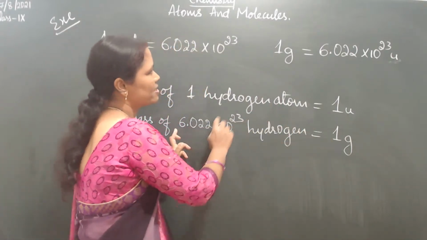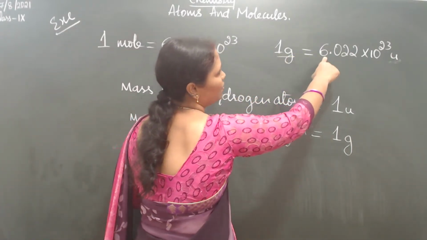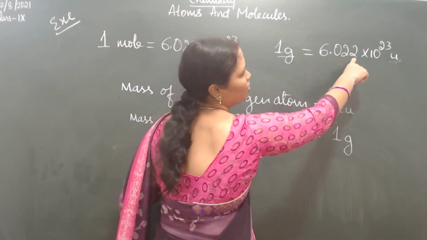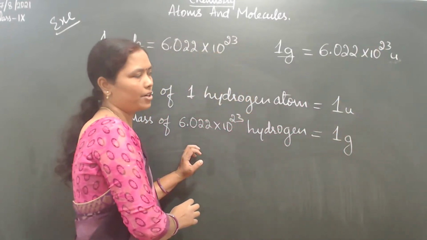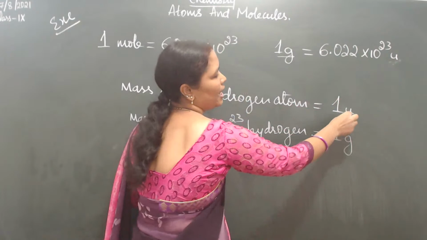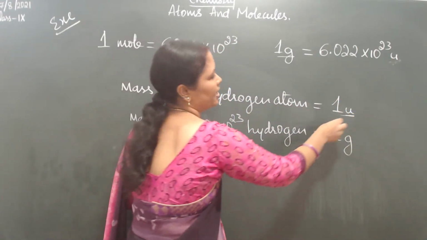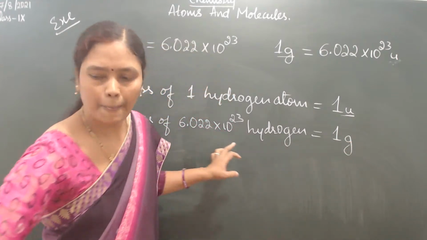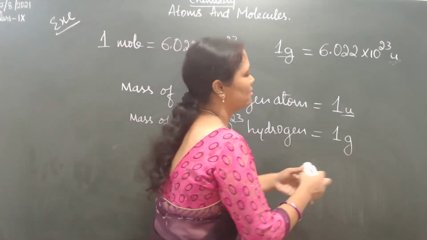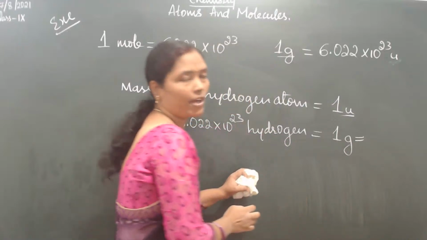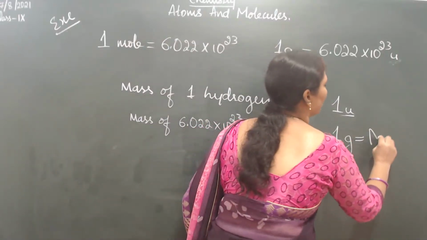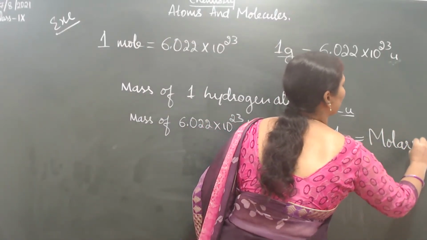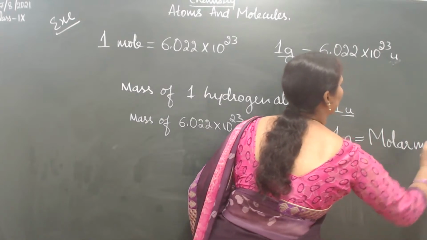We know that 1 gram is equal to 6.022 × 10^23 U. So in place of this U, when we write gram, this value is also considered the molar mass.